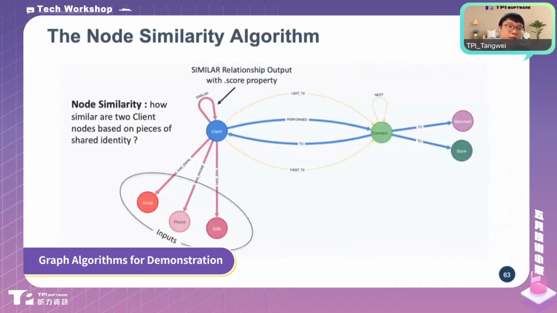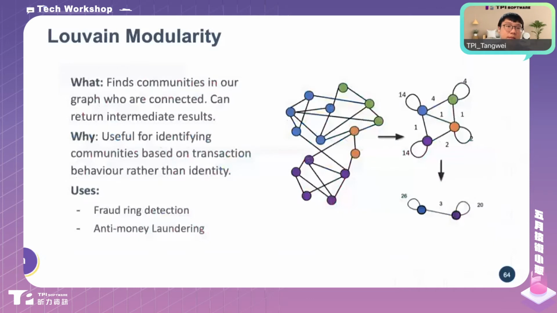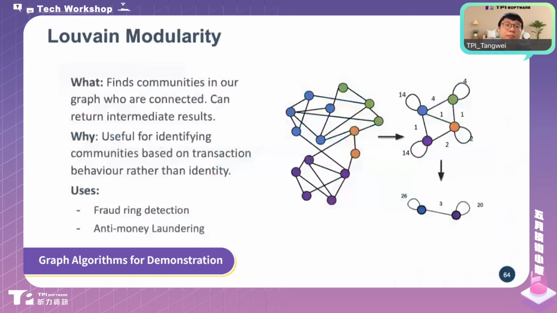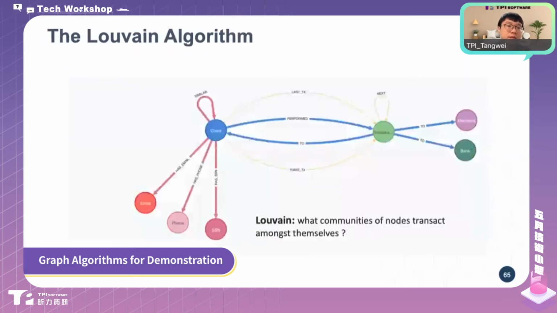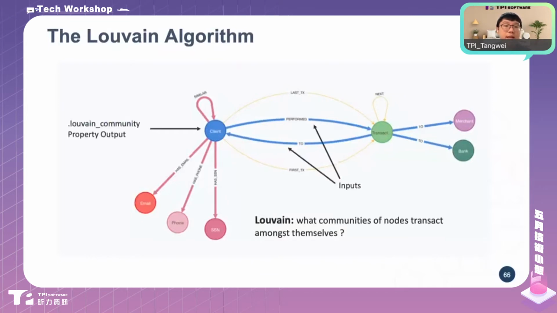Same as previous, we can see the input of the node similarity algorithm in our dataset. Okay, and the final one is Louvain community detection. It is useful to identify communities based on transaction behavior rather than identities. So here is the Louvain algorithm in our dataset. Which communities of nodes transact amongst themselves? This is the input and the output of our Louvain algorithm.